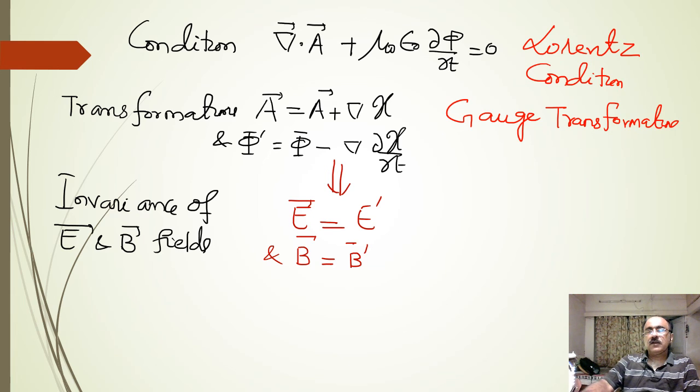So finally, we have seen that the Lorentz condition is a very important marker. What is the Lorentz condition? Divergence of A plus mu 0 epsilon 0 del phi upon del t equal to 0. So this is a very important marker in today's lecture.